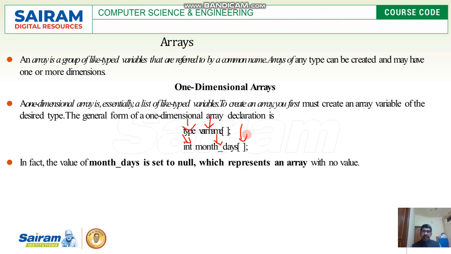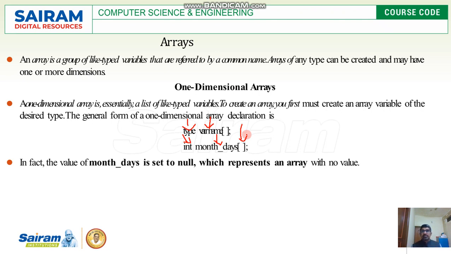When you declare an array, it is not going to allocate any space for this. So what happened? The value of month_days is set to null, which represents an array with no values. Why? Because this statement will not allocate space for the array.